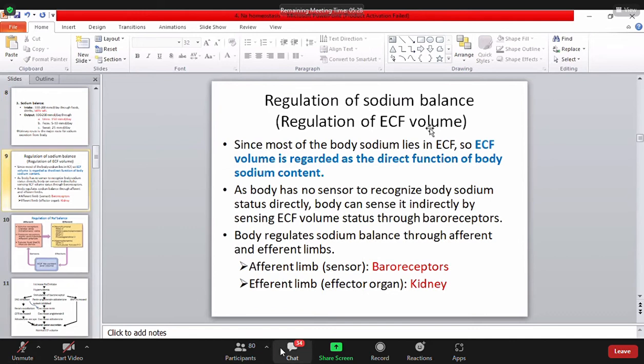What are the hormones regulating sodium? Very, very important question.